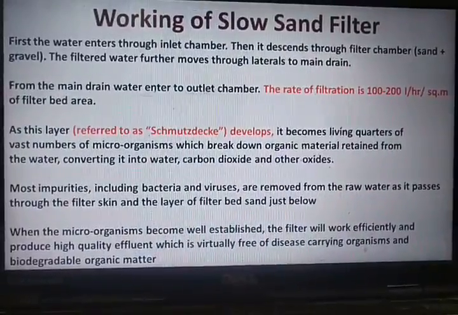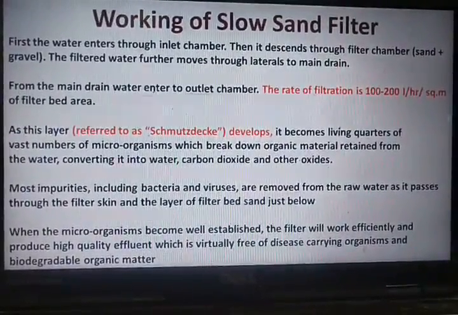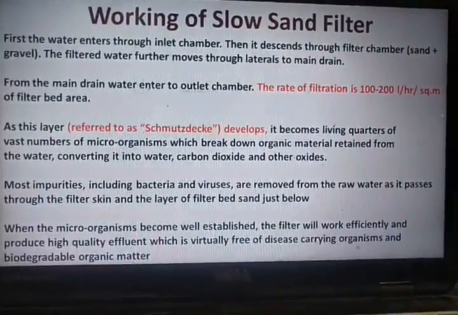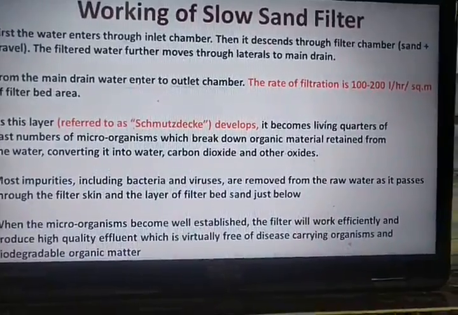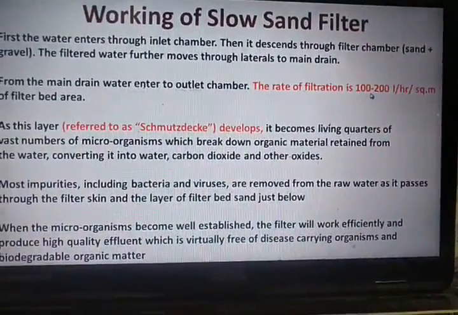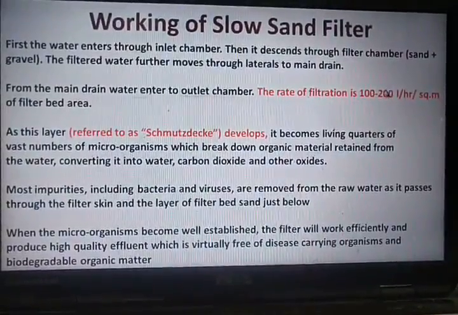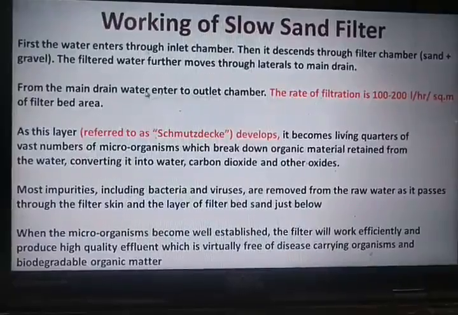The rate of filtration of this slow sand filter is in the order of 100 to 200 liters per hour per square meter of filter bed area. That means relatively it is lower, and that is why it is called a slow sand filter, because the rate of filtration is low.